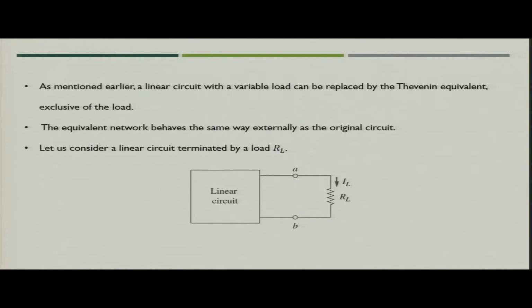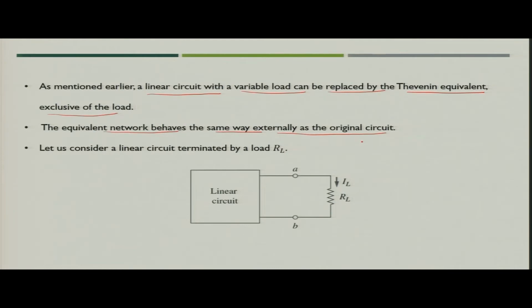Now, as we have discussed, a linear circuit with a variable load can be replaced by the Thevenin equivalent excluding the load. This equivalent network will behave the same way as the external circuit is behaving, because you are creating the Thevenin equivalent of the external circuit by keeping the VI characteristic equivalent.